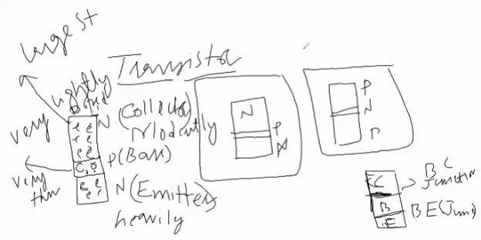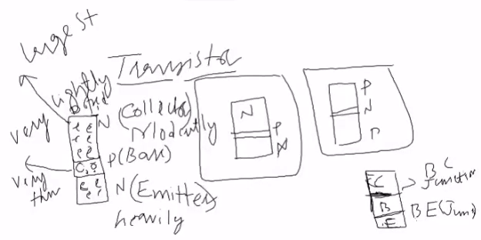So these are the two junctions of the transistor, base emitter and base collector junctions.